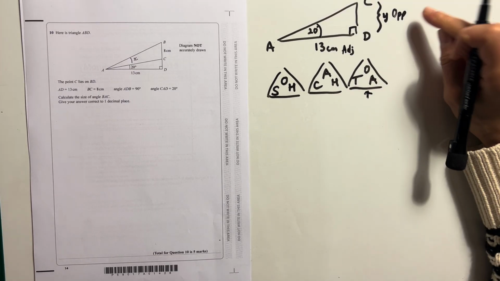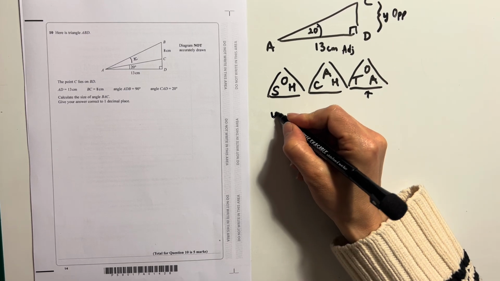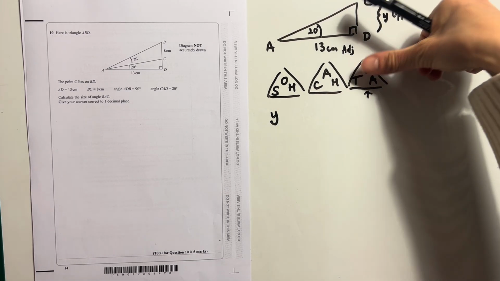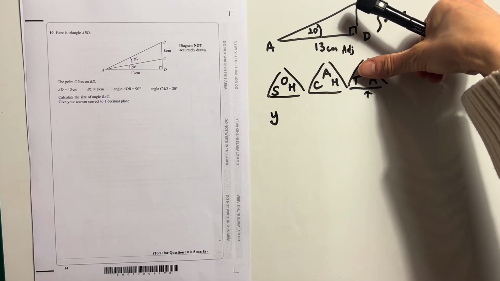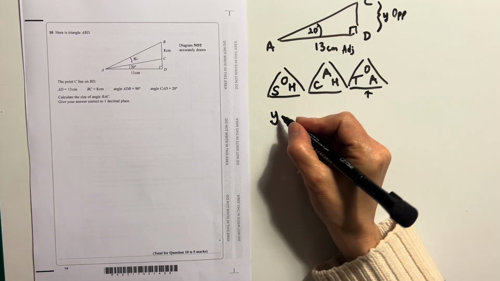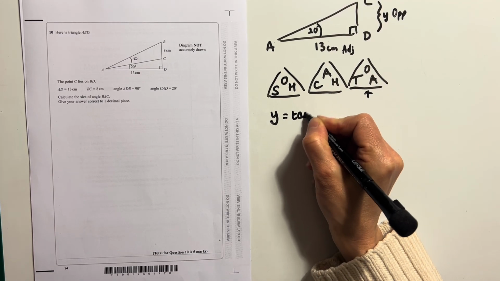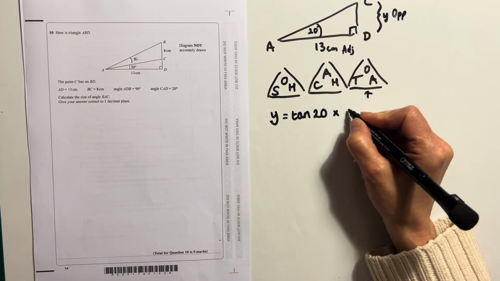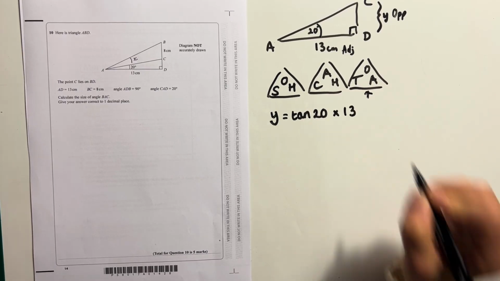We're trying to find the opposite, which we've called Y. On the formula triangle, if we cover up the opposite, we can see that we need to calculate tan of the angle times the adjacent. So we're going to do tan of the angle 20 times the adjacent, which is 13.